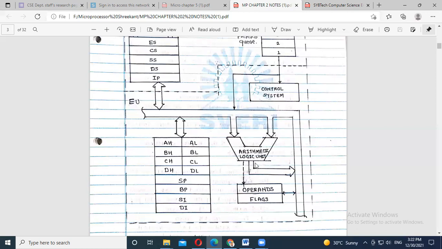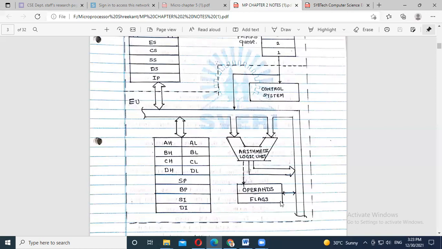Along with that, we again use arithmetic and logical operations, like in our bus interface unit. Here we have to do the operations on operands. Operations means addition, subtraction, multiplication, division, and for the logic operations, we use AND gate, OR gate, NOT gate, NAND gate, XOR gate, XNOR gate.